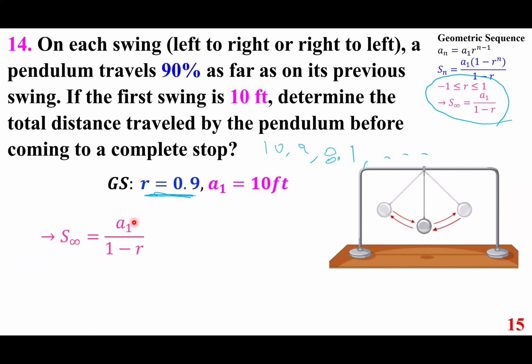Therefore, we can use a sub 1 over 1 minus r, which is 10 over 1 minus 0.9. 1 minus 0.9 is 0.1. 10 divided by 0.1, that means 10 times 10. It's 100 feet. So this will cover 100 feet total before it comes to an end.